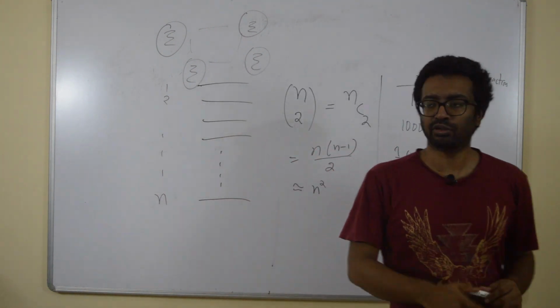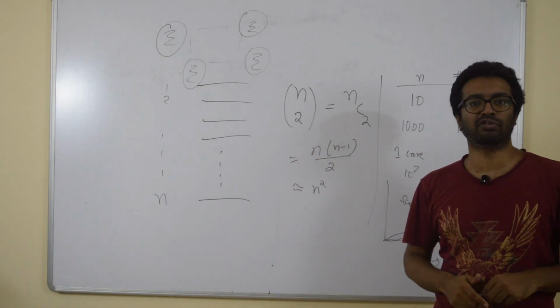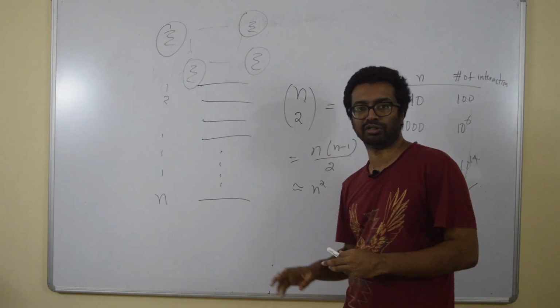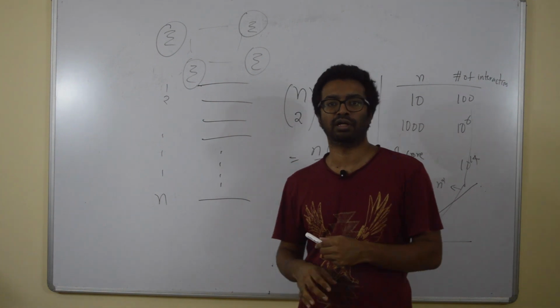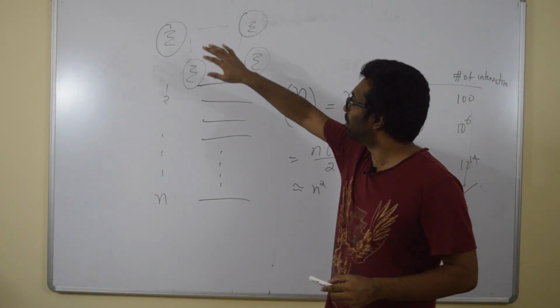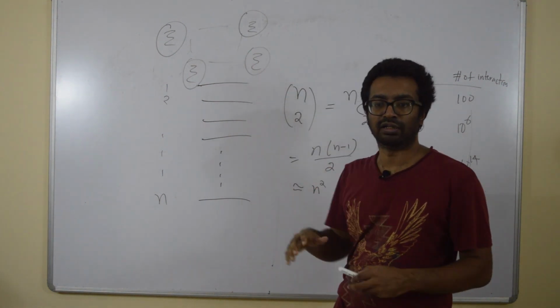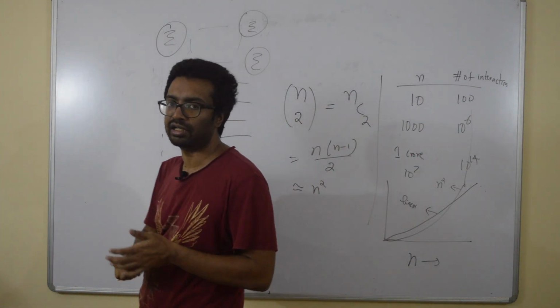Then you are not going to have n square number of interactions, but much lesser, because each function, even if you assume inside each function all lines interact, even then the between-function interactions are reduced.